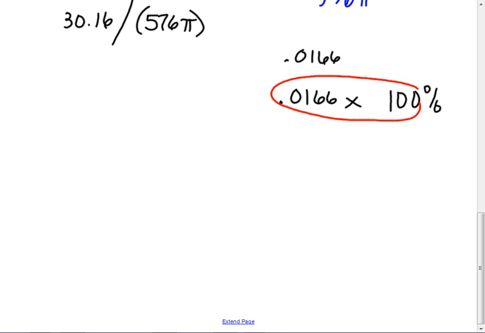The 100 just moves the decimal 2 places, so it's 1.66%. It's just a nice little thing, and I learned it in the book. I always knew how to do percents, but this always works. If I want to do 2/3, change to a percent, you multiply by 100%. It'll always work.